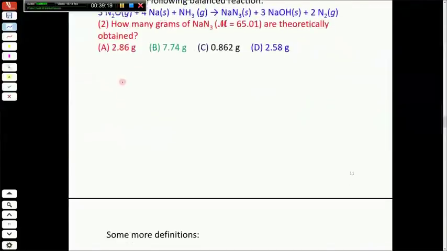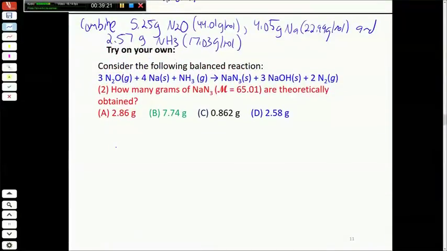So this is the end. Okay, so the last thing we're going to do is we have to figure out which of these are the limiting reactants. So we're going to find moles of each reactant. So we have N2O, sodium, and NH3. So we're going to find the moles of each reactant first. We have 5.25 grams of N2O.